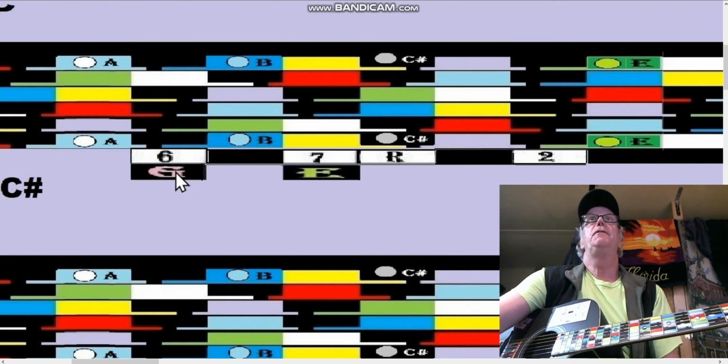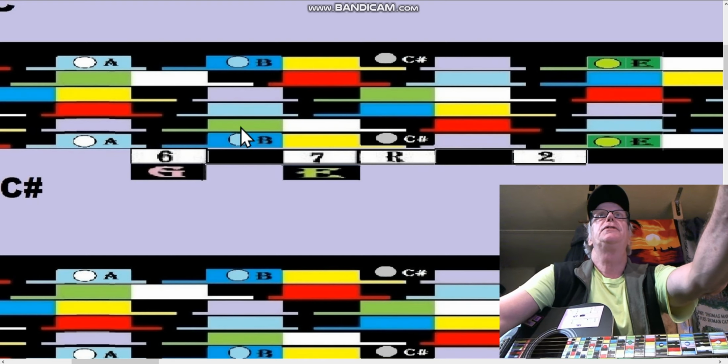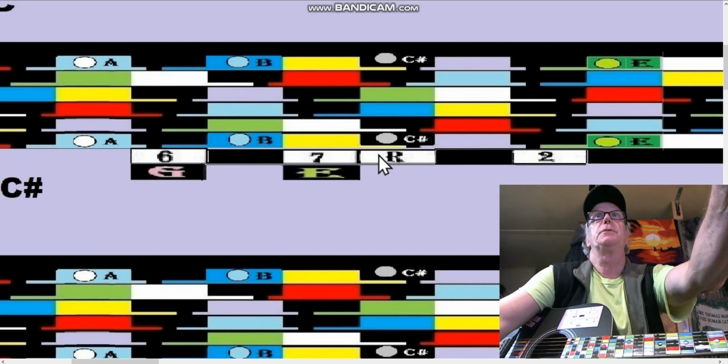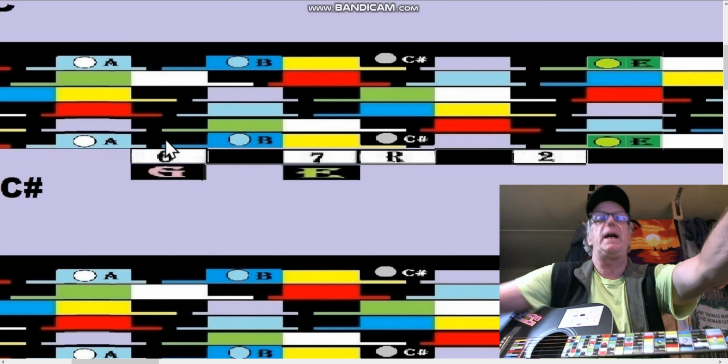We can look at that C sharp as the outer note of the G. That's a little G there. We can look at that C sharp as the outer note of the G pattern. Okay, so the 6th of C sharp going down there where this 6 is. Now this is just a pattern, but here it is the A sharp or the B flat.